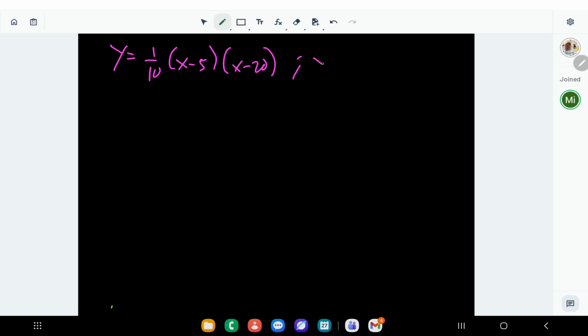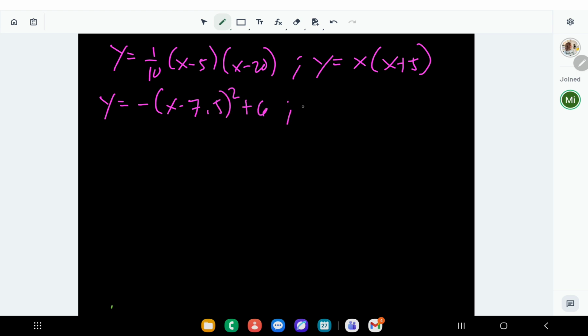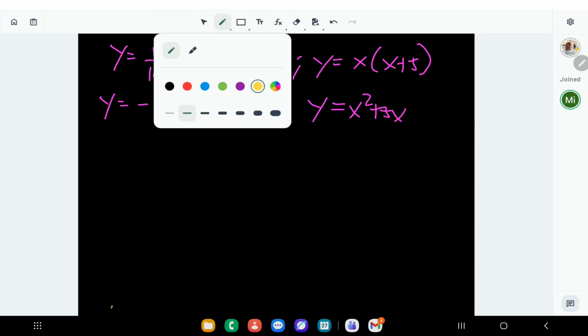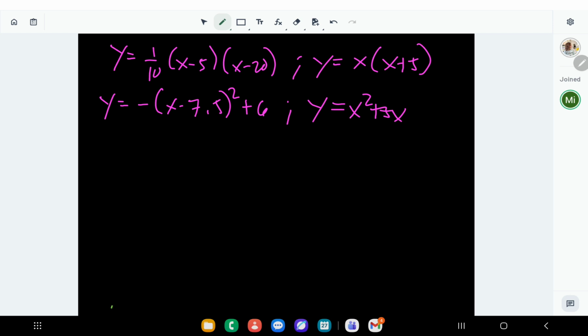And the other one is y equals x times (x plus 5). And the other one is y equals negative (x minus 7.5) squared plus 6. And another one, y equals x squared plus 5x. So we have four functions here. Match the equations to the graphs.